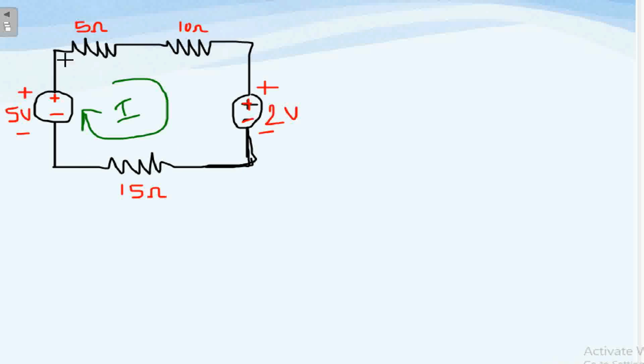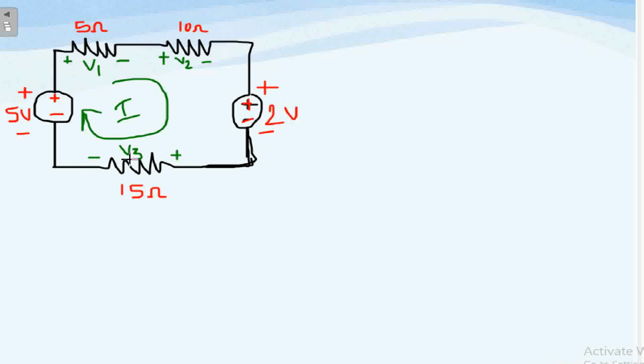And here the voltage drops: this is V1 and this is V2, and here it is plus or minus, this is V3.